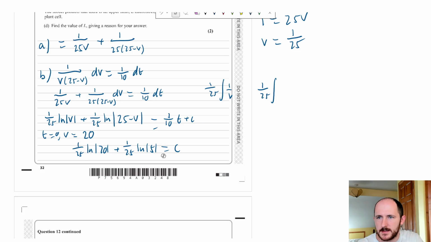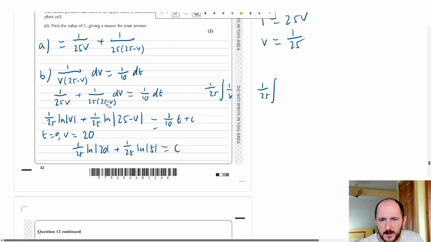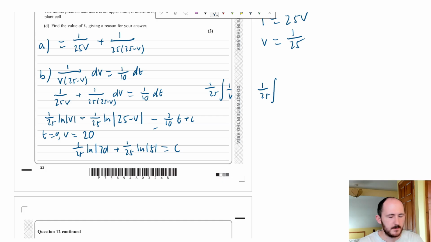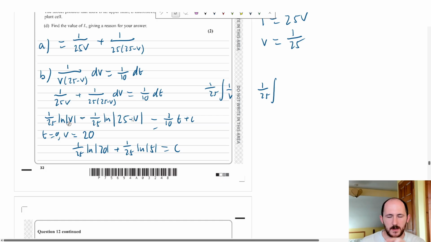Actually, I've just realised this 25 minus v actually has to be a minus, because when you differentiate this, you'd get minus 1 over 25 minus v. So we'd not get this, we'd get minus 1 over 25 minus v, which means we have to correct that by making this negative as well, because now we get positive.